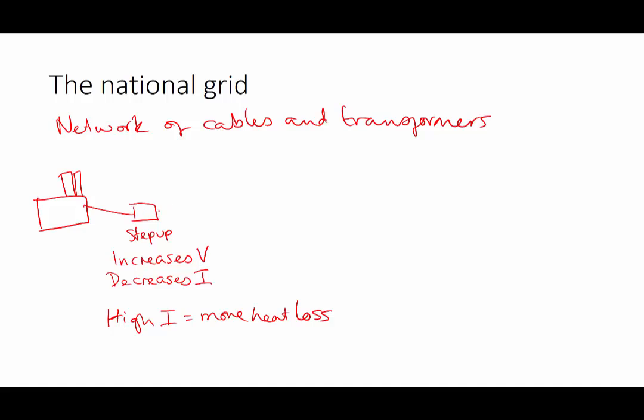Once the electricity has gone through the step-up transformer, it then goes across the country on that system of pylons and cables. And then when it gets to near where it needs to be, we pass it through another transformer, which is a step-down transformer. The step-down transformer does exactly the opposite.